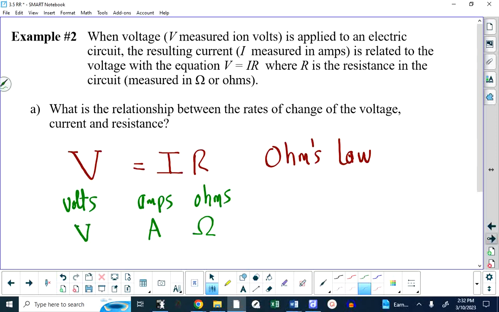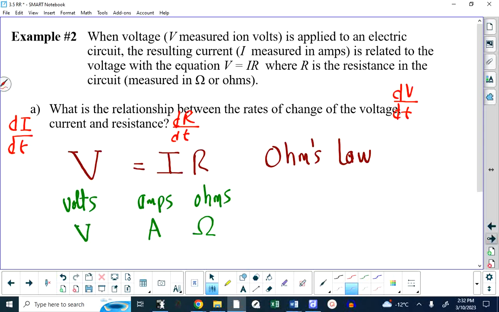But they always obey this law. These are all three variables. What is the relationship between dV/dt, dI/dt, and dR/dt? What's the relationship between the three rates of change of the variables?